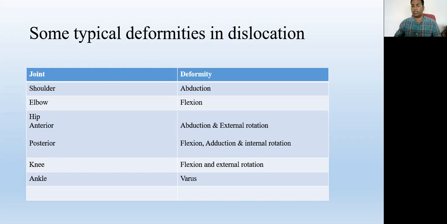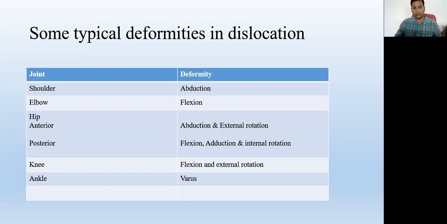When you see a patient lying in the supine position with flexion, adduction and internal rotation, you can suspect that there is a hip dislocation.